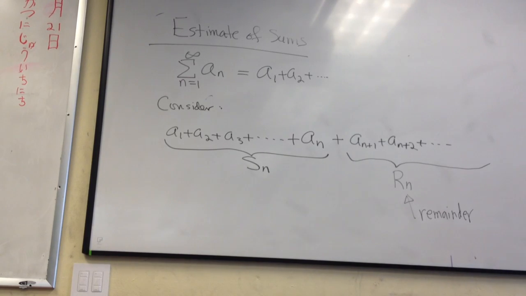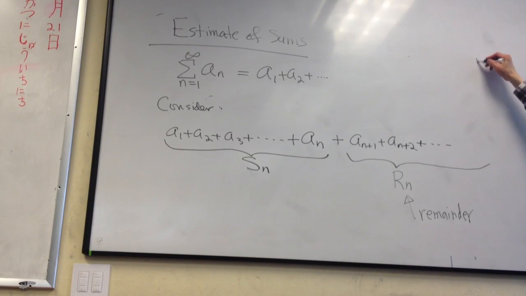Okay? So what I'm saying is, if summation n from 1 to infinity an is equal to, let's call it S. That's a sum. It actually converges to S. The sum converges to S.